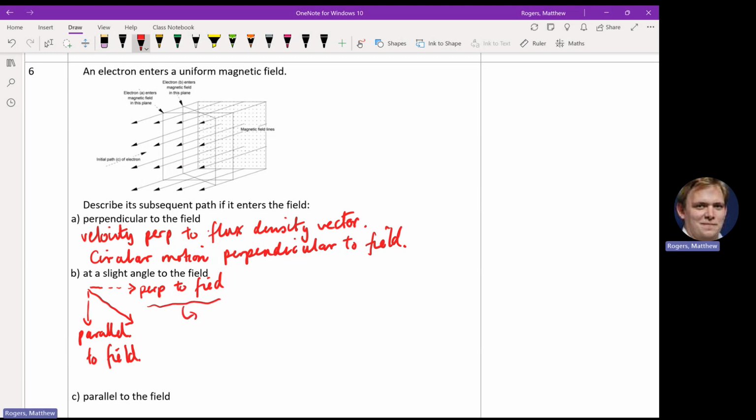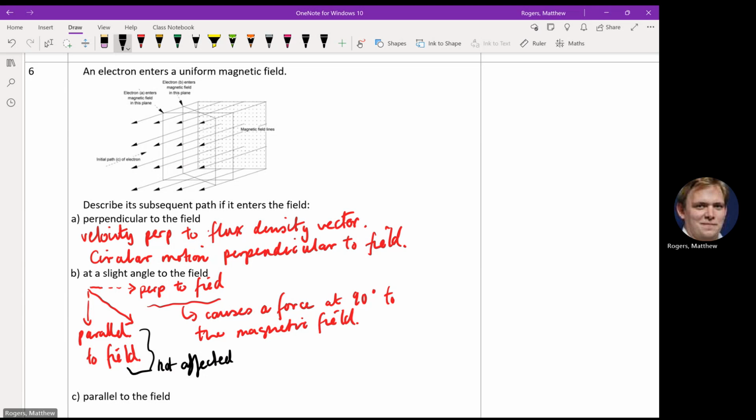So this component causes a force at 90 degrees to the magnetic field, and therefore an acceleration to make it go in a circle, whereas this one is not affected by the magnetic force, so it remains unchanged.